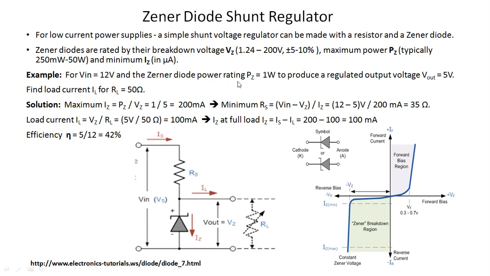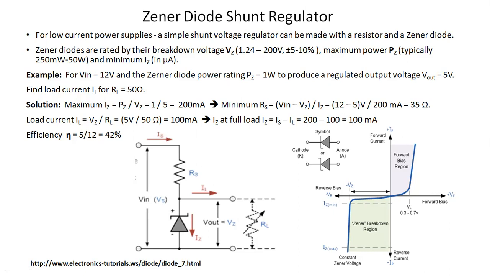and the Zener diode power rating PZ, यहाँ पे जो power रहेगा, will be equal to 1 watt. To produce the regulated output voltage, the output voltage will be 5 volt. So here we are supposed to find the value of load current for the value of load resistance.